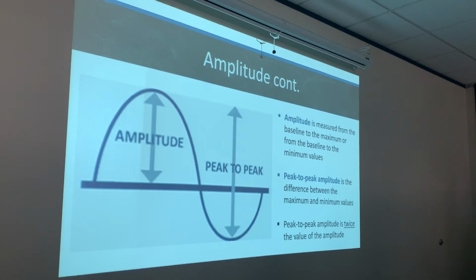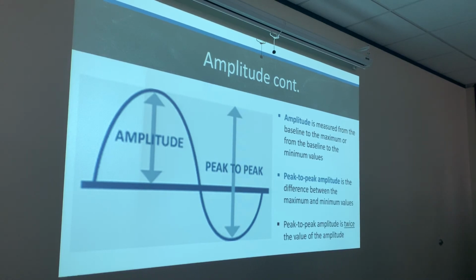All right? So this is amplitude right here, guys. Remember, this is our undisturbed value right there, or our zero on our x-axis. So it's going to be from the peak to the undisturbed value, or from the undisturbed value to the trough. Amplitude is measured from the baseline to the maximum, or from the baseline to the minimum value. That's just one way to describe our amplitude.